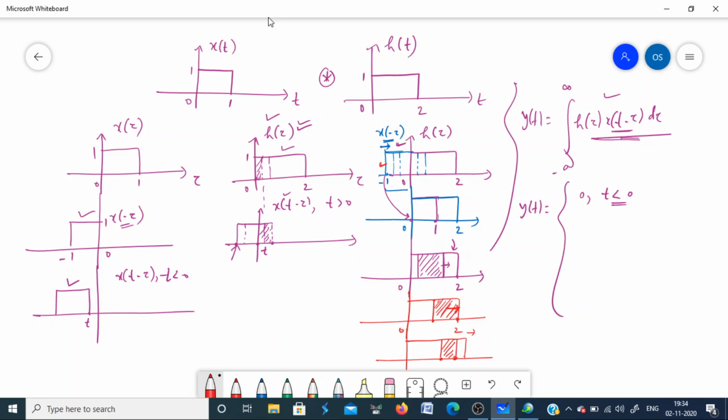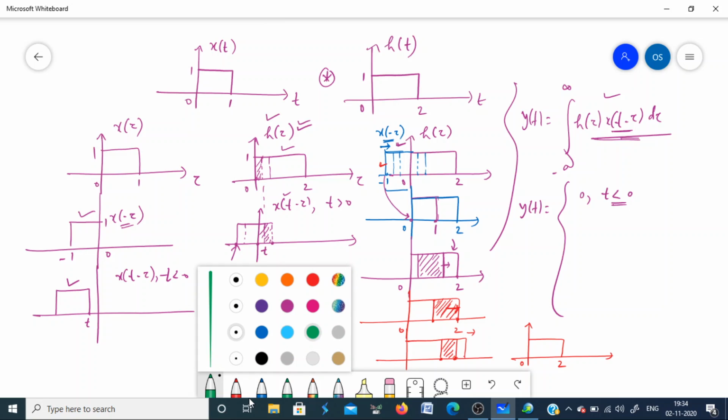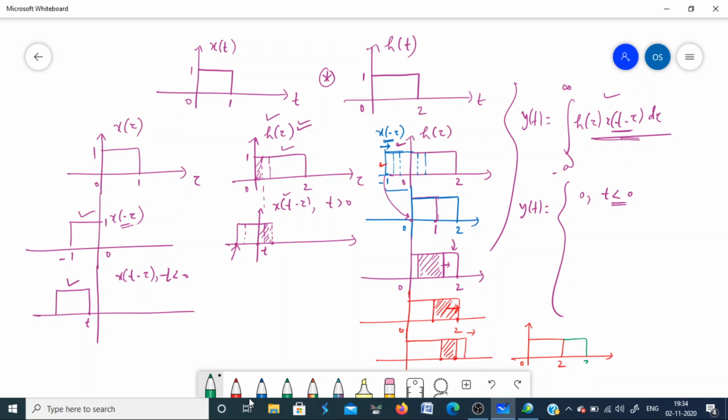And when you reach t equal to 3, you will have a situation like this: your function h of tau will go from 0 to 2, but the second function will go from 2 to 3. And for t greater than 3, these two functions will be separated. The product will again be 0. So how many limits do you have? You have one limit for t less than 0, where it is 0. The second is between 0 and 1.